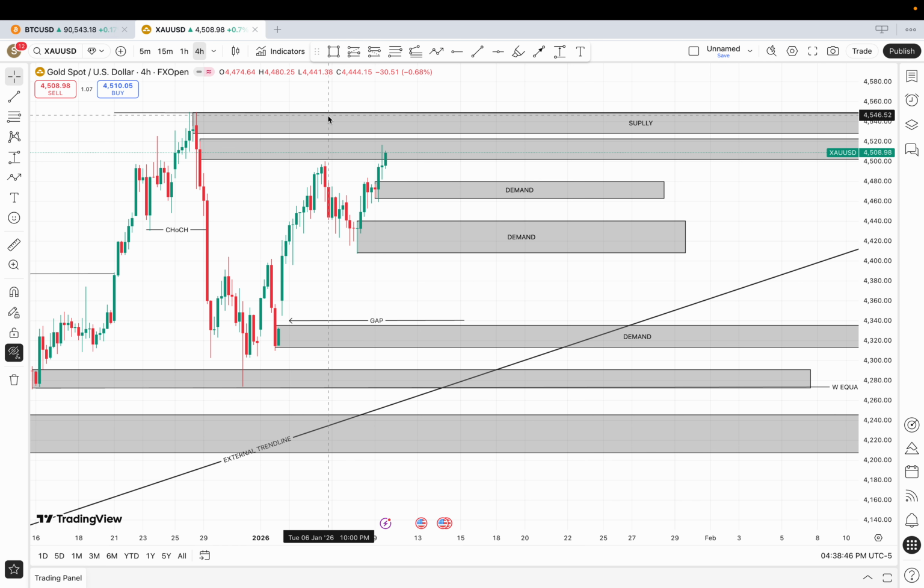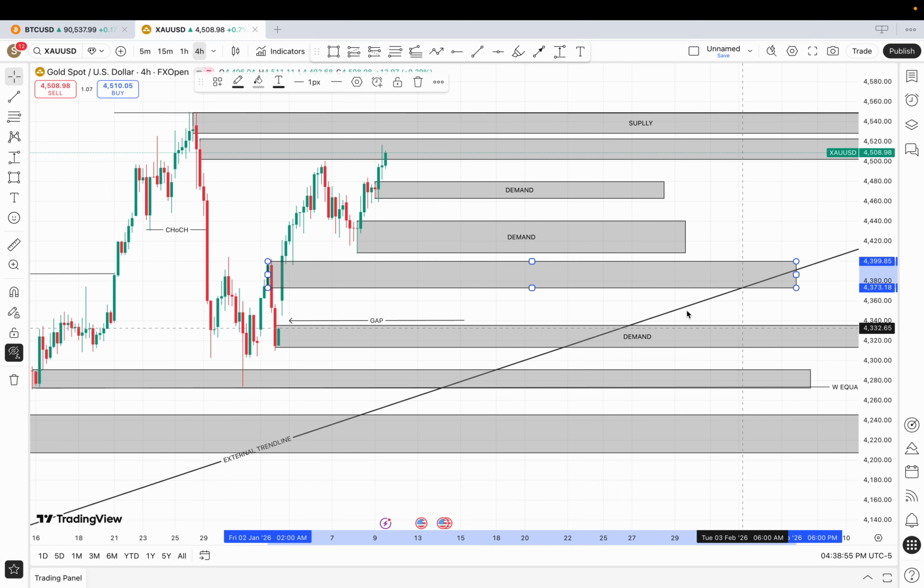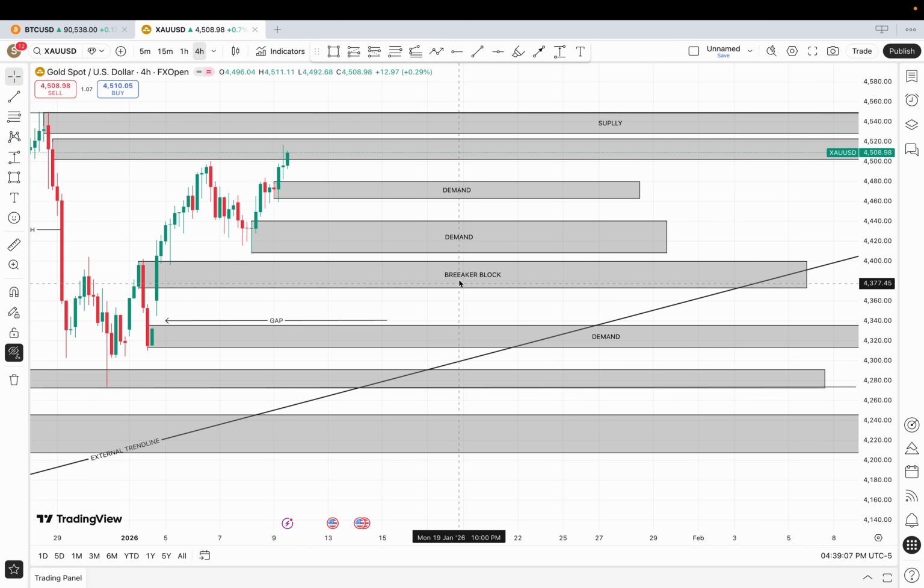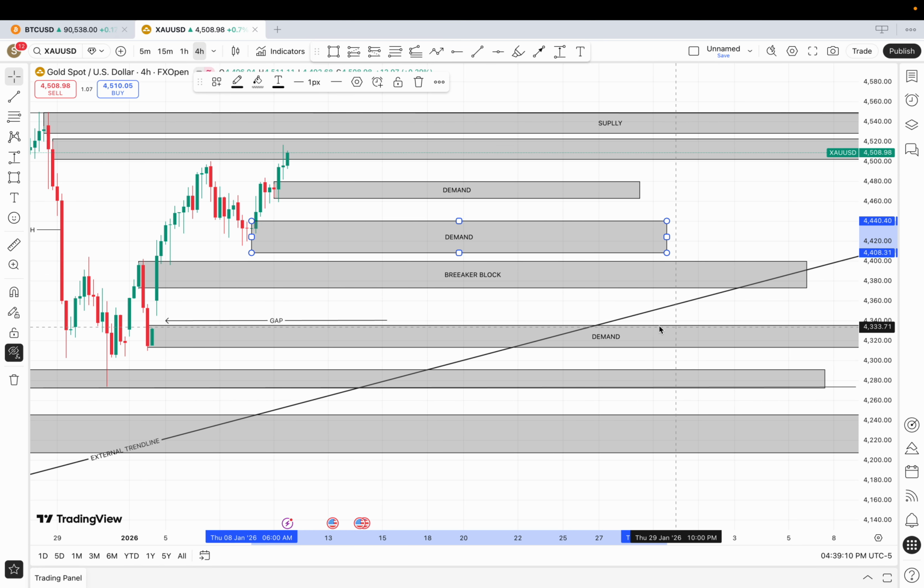So let me mark it. Now if you do the higher time frame, you could see high probability places where the market could react. So you only trade at the key levels. Now this is breaker block, demand, and then demand.